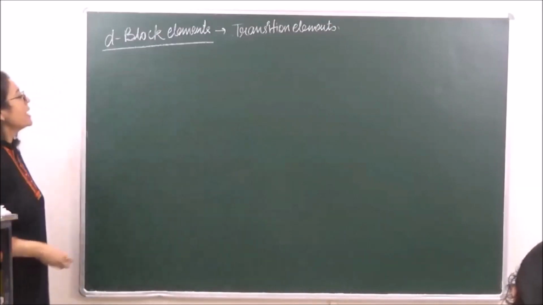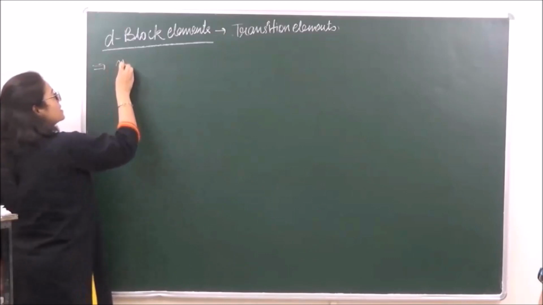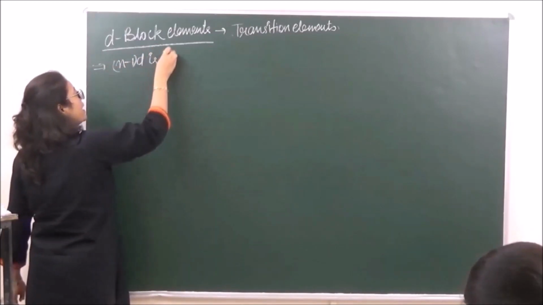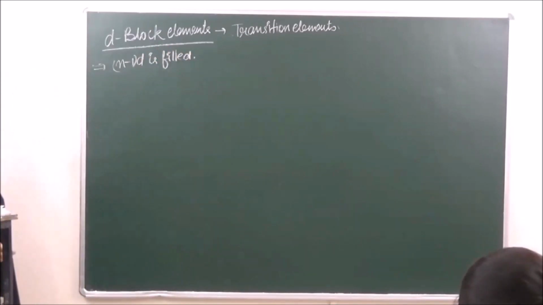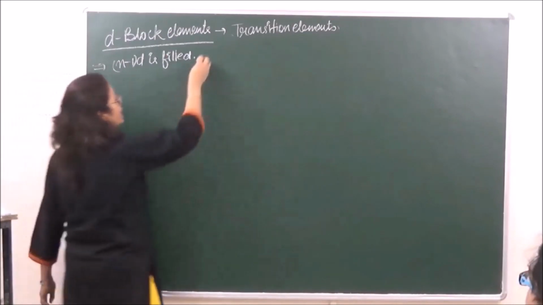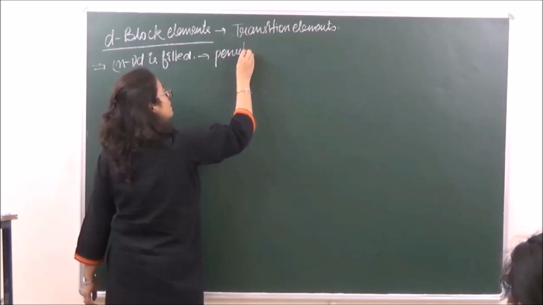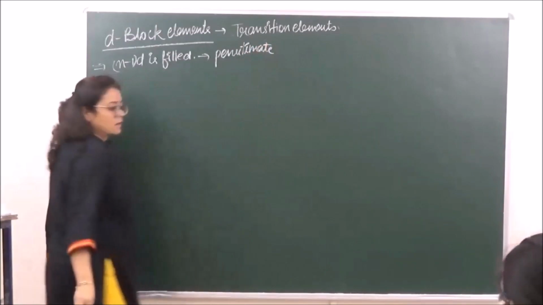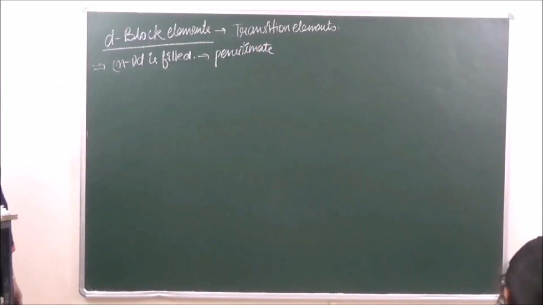Transition elements. In this case, progressively the n minus 1 d is filled, and this n minus 1 d subshell is known as the penultimate subshell, right?